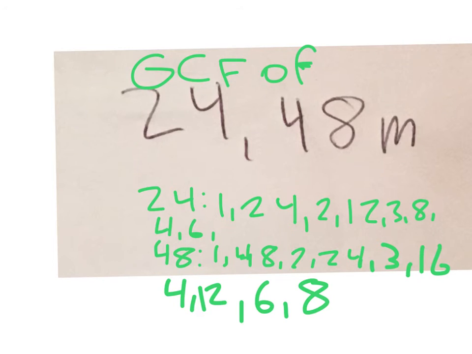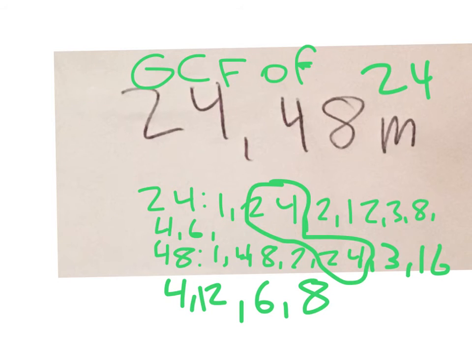But one they have in common is 24, and that's the largest both of them have. So the greatest common factor of 24 and 48 would be 24.